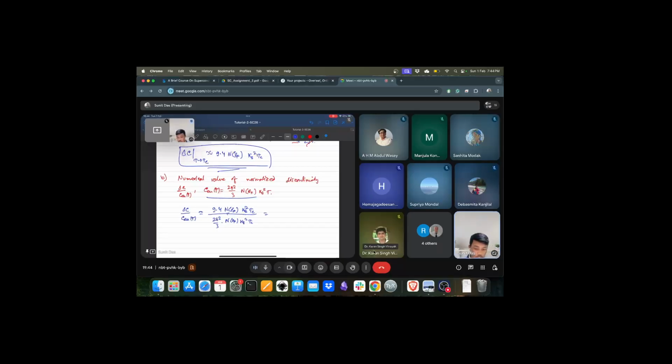Everything cancels out, and there will be a factor of 9.4 times 3 by 2 pi squared. So this will be some number. It is 1.42, yeah, 1.43 actually, almost.